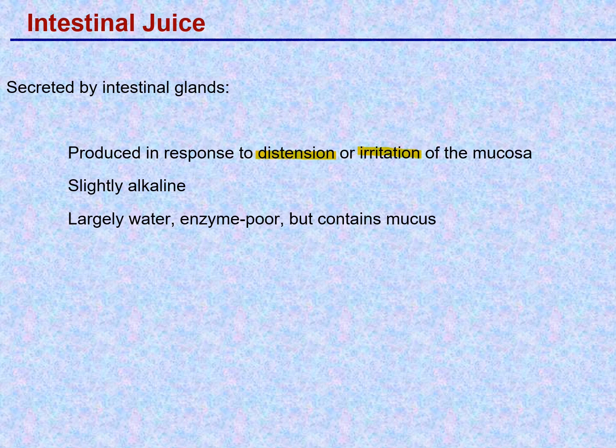It'll trigger a reaction, which is secretion of intestinal glands secreting the intestinal juice. Those secretions are slightly alkaline to try and counteract the acidity of the material coming from the stomach. It's largely water, with some enzymes in it, not a huge amount, and mucus.